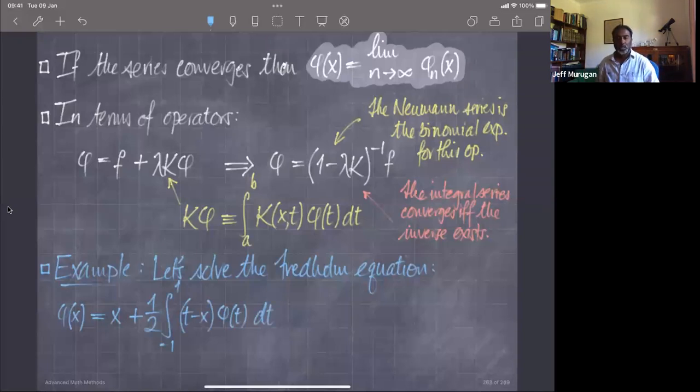Okay, so here our inhomogeneity f of x is really just x itself.